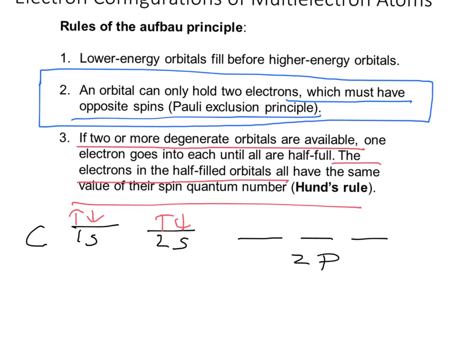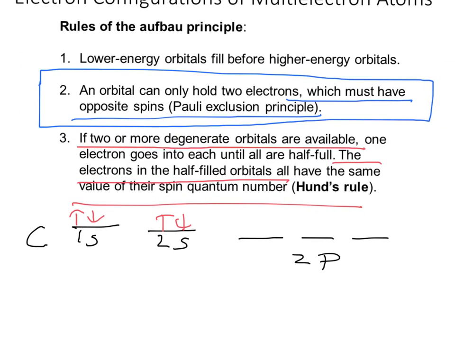In other words, first of all, if it costs the same energy, and that's what degenerate means, for an electron to live without a roommate as it does for an electron to live with a roommate, what is it going to choose? It's going to choose to live without the roommate, right? Trust me, if you don't think that's the correct answer, you've never lived with a person for a prolonged period of time.